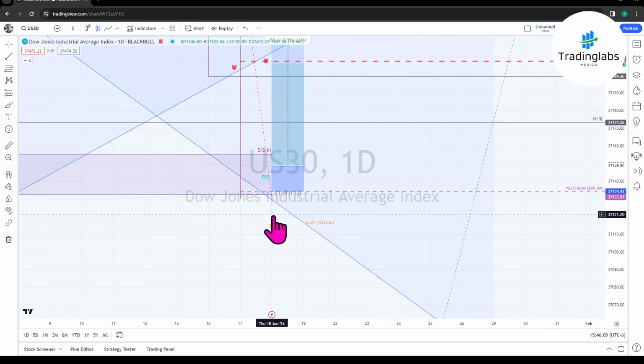And the price went down, and it was a few pips to reach it. Actually, I put a star here because I was thinking of making a long from here, right?